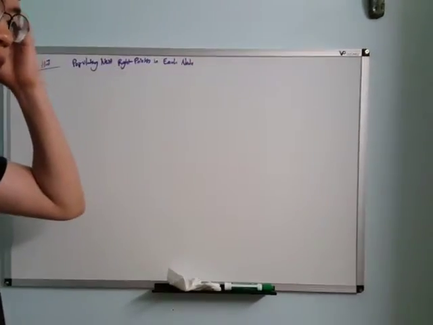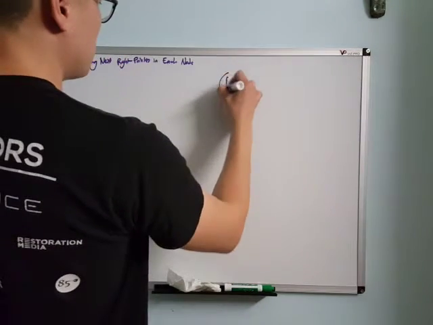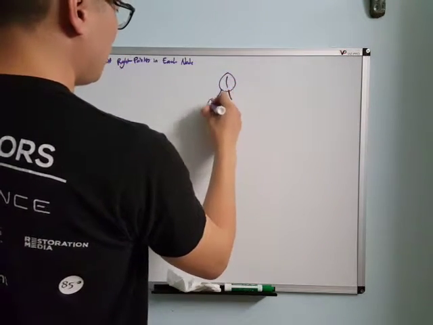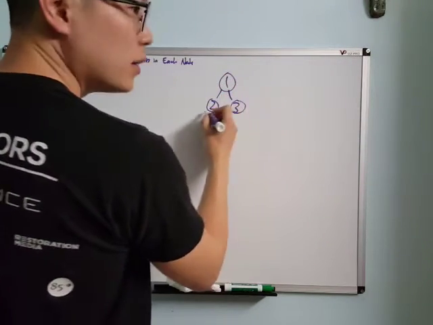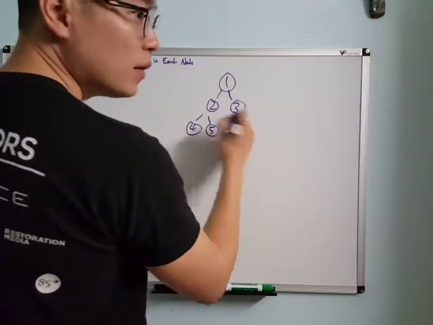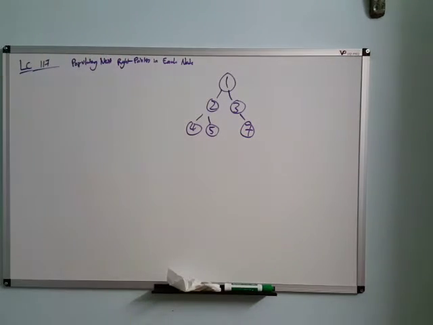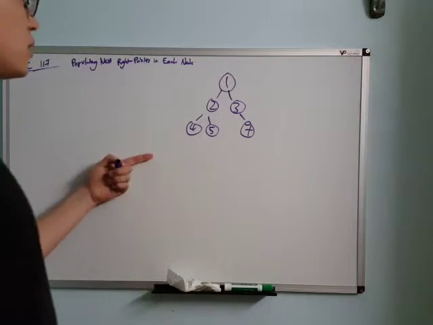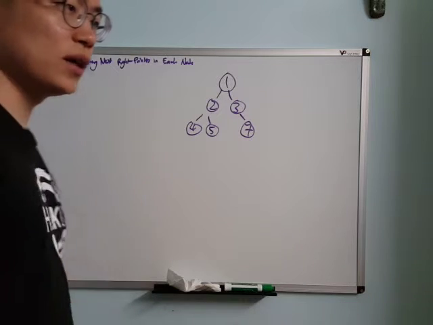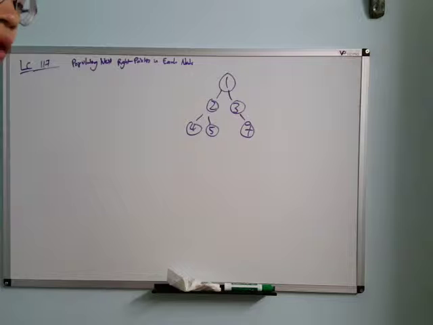So the question is, you're given some sort of tree structure, right? 1, 2, 3, 4, 5, 7. And they give us the node class already and what attributes each node class has.